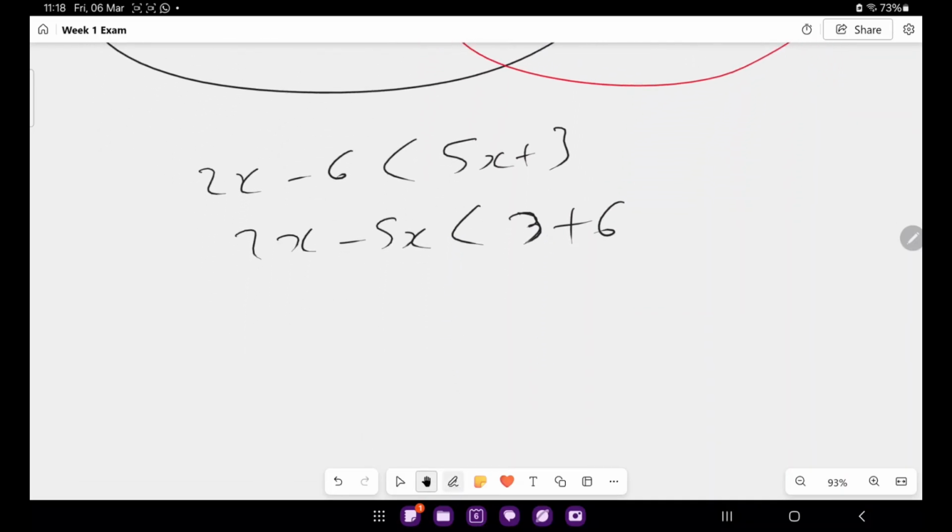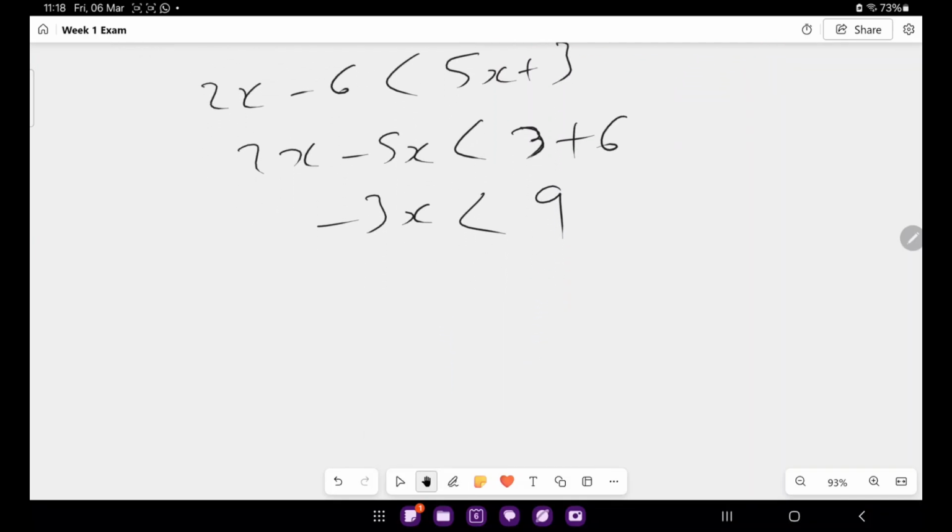Okay, 2x minus 5x, we get minus 3x is less than 3 plus 6, which is 9. And then for me to be left with x, I have to divide both sides by negative 3. So once I divide both sides by negative 3, x becomes greater than negative 3.